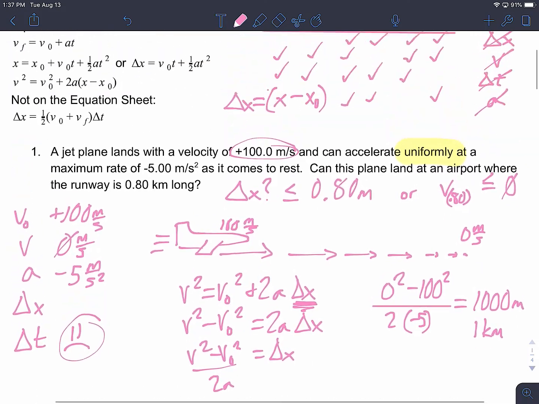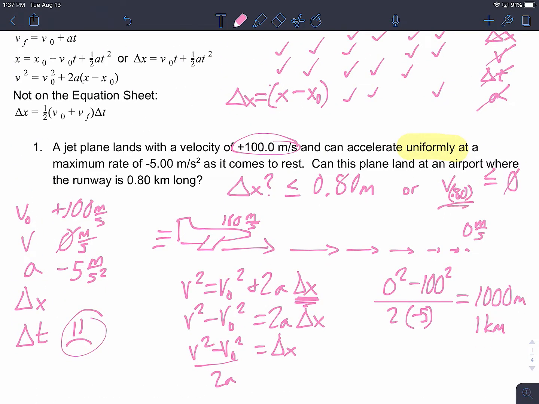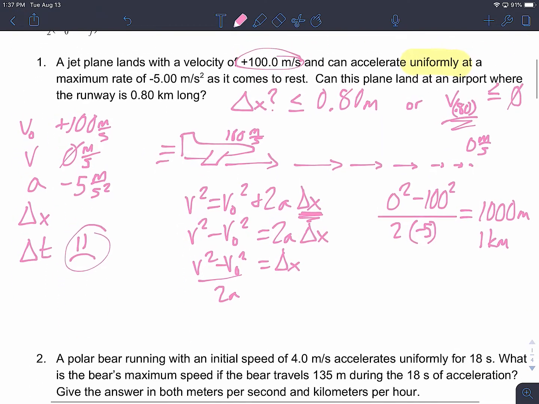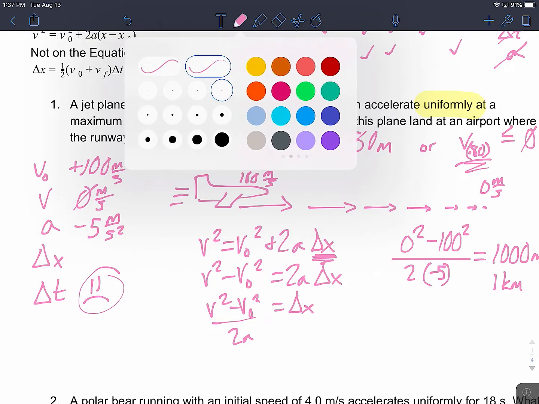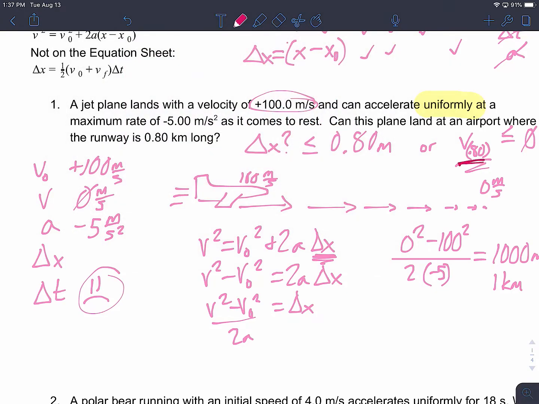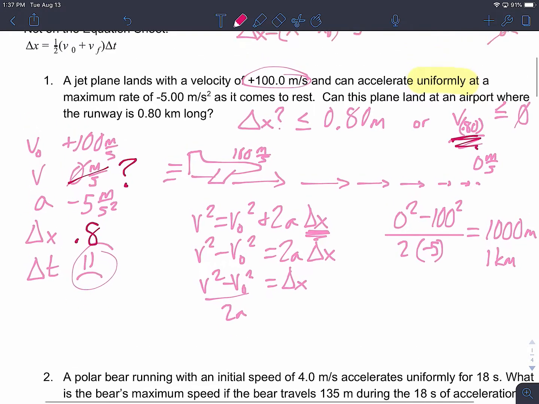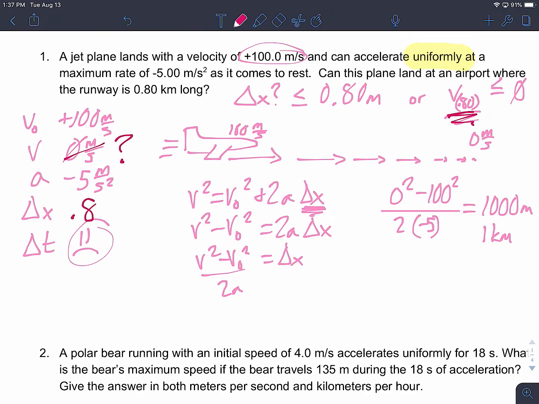If we wanted to know the final velocity after 0.8, we could assume delta x is 0.8, and we want to know, okay, is this equal to 0? So instead we're looking for the final. V squared equals V naught squared plus 2a delta x. So it's starting out at 100 meters per second.